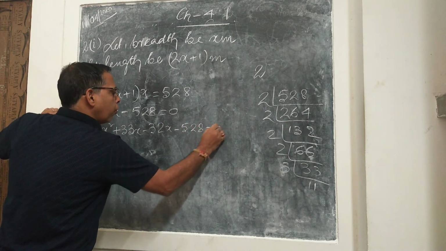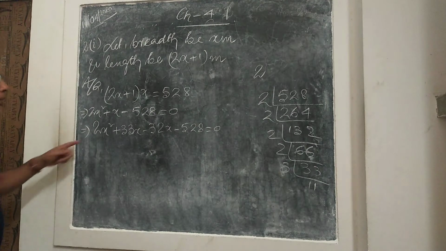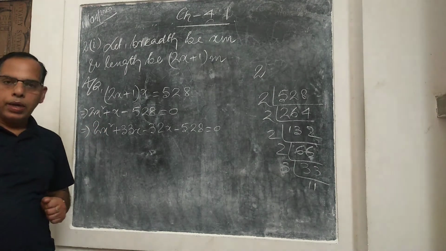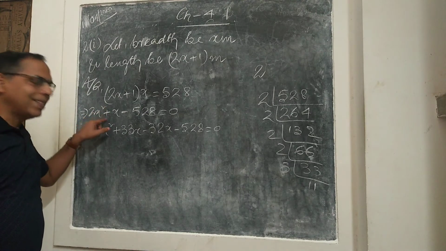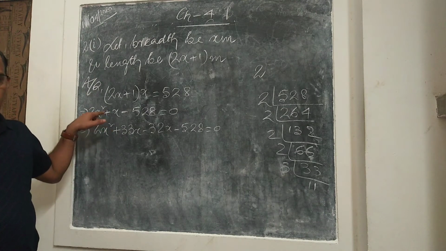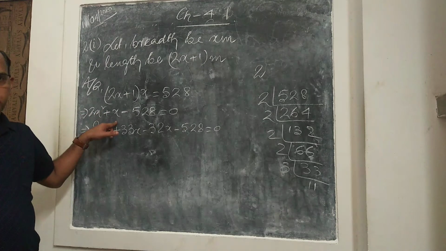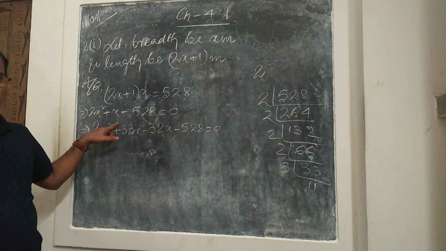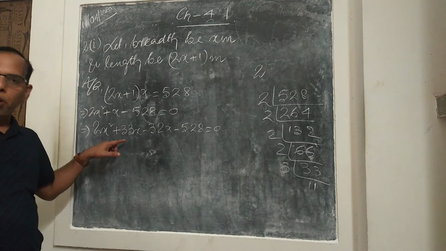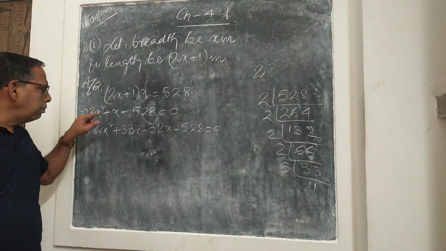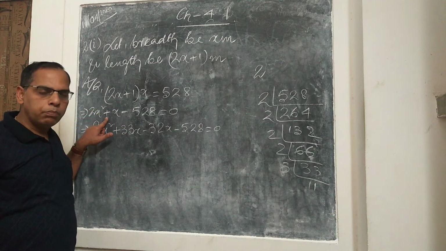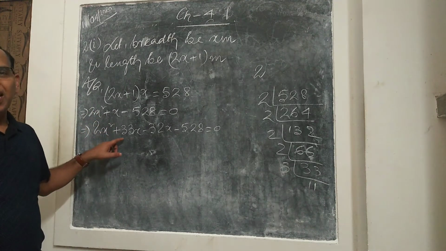Here one more point I want to tell you, how can you decide which one will be positive, which one will be negative, depending on this sign. The sign before the middle term will decide whether the bigger one will be positive or negative. If the middle sign is positive, then the bigger one will be positive.